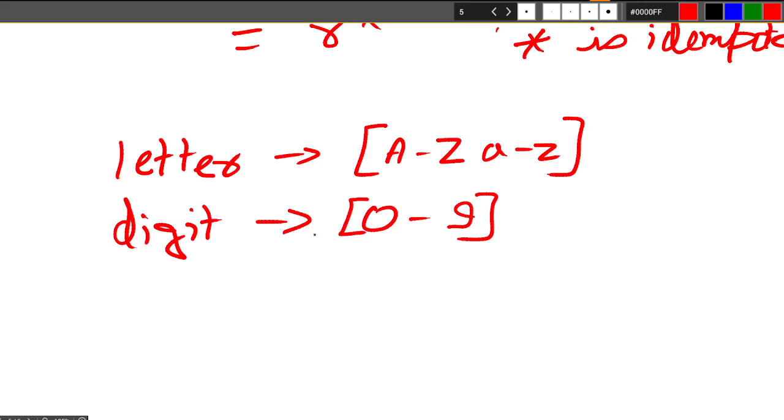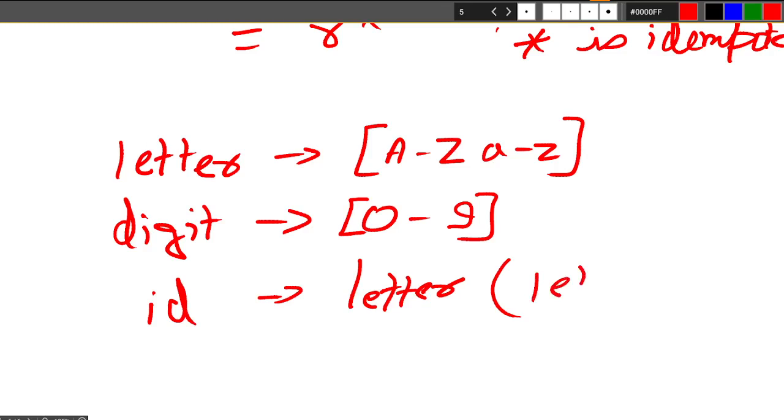Now what can an identifier be? ID can be, suppose, a letter, and it can have letter as well as digit, star.